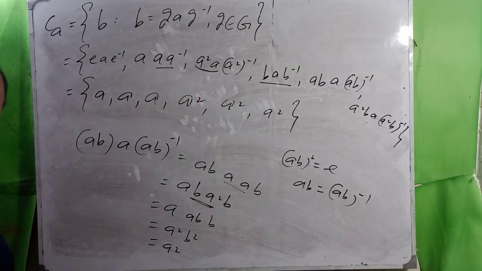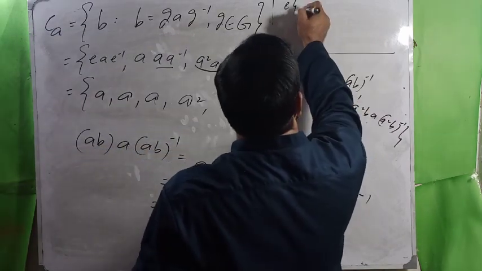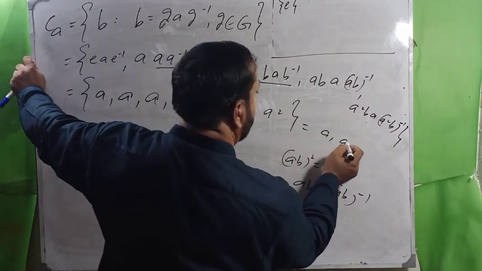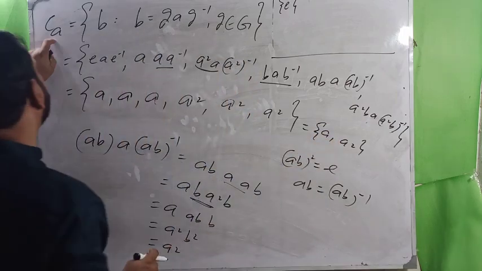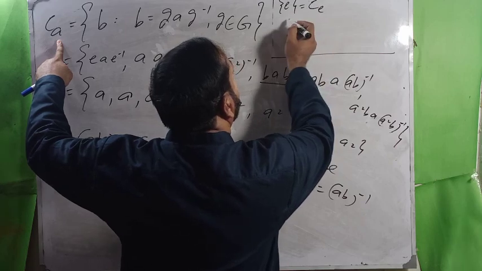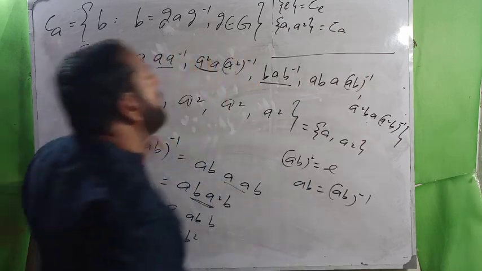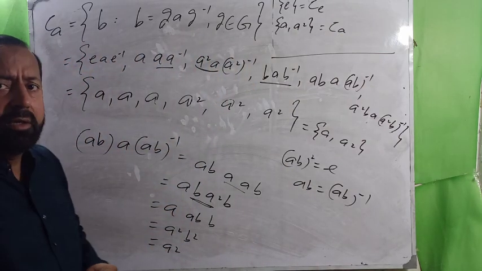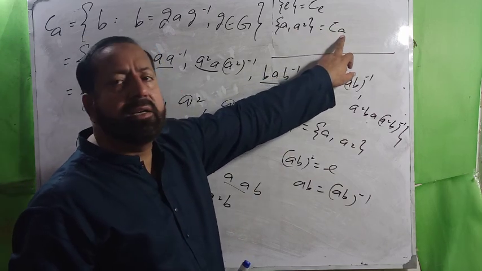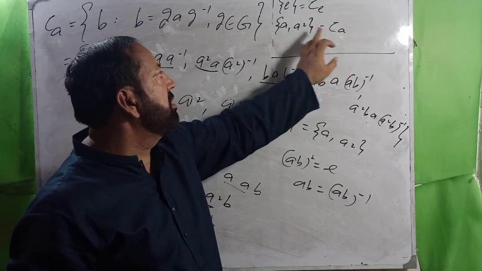Okay, so what are the two elements? The first conjugacy class was the identity, CE, and the other two elements, A and A square, form the conjugacy class CA. Another thing you can notice is that the conjugacy class of A and the conjugacy class of A inverse are the same, because the inverse of A is A square.